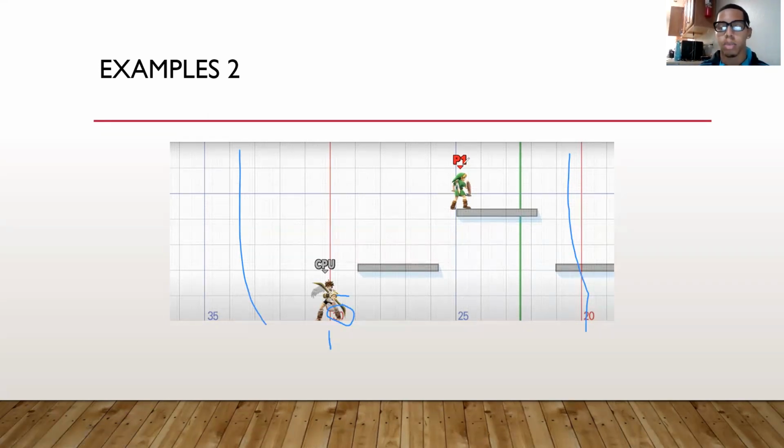Then player 1, this player over here, would be at x coordinate 25, and then y coordinate, let's count, 1, 2, 3, 4, 5, so he'd be at y coordinate 5. So basically we have one character at 30.